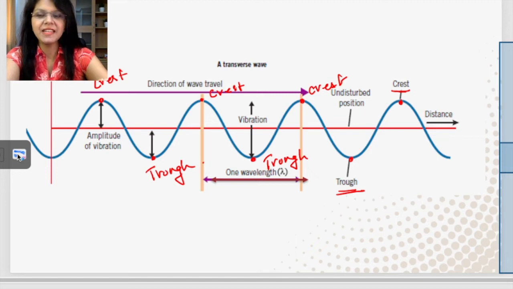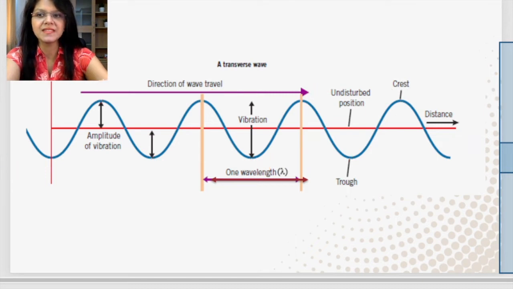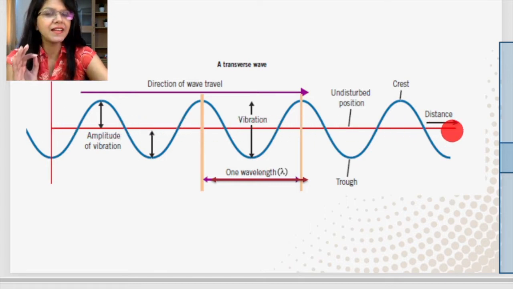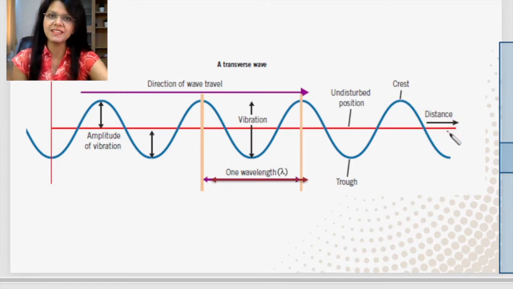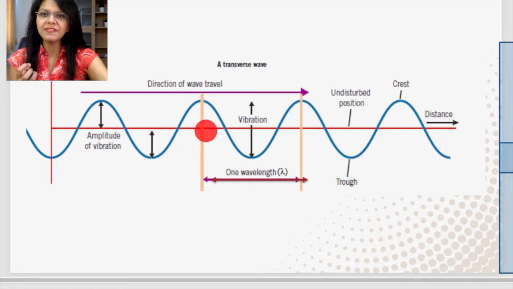The next thing we need to look at is this red line. Do you see a red line passing through the center of the wave? The red line, very important to identify this red line. Why? Because it is kind of cutting the wave into equal halves. Right? If you can locate the red line, it is important that it should be your first starting point when you're defining the amplitude.